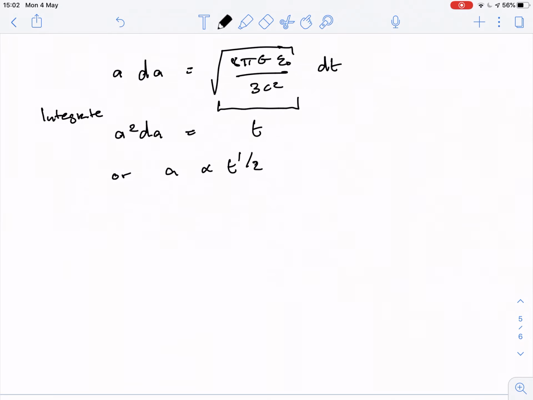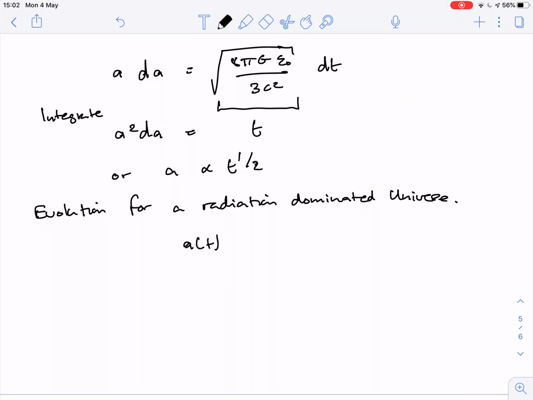And so I can write that my evolution for a radiation dominated universe is a of t equals t over t0 to the half.